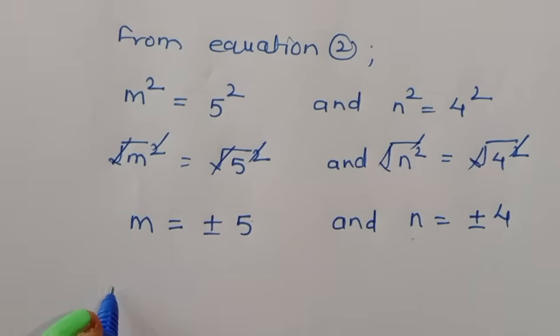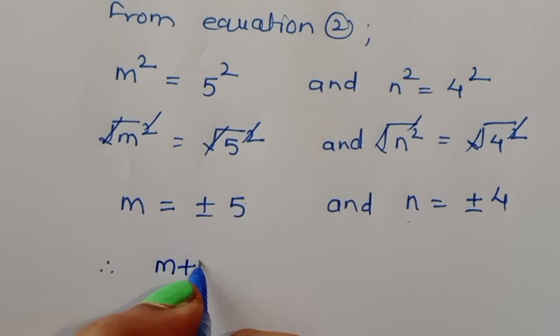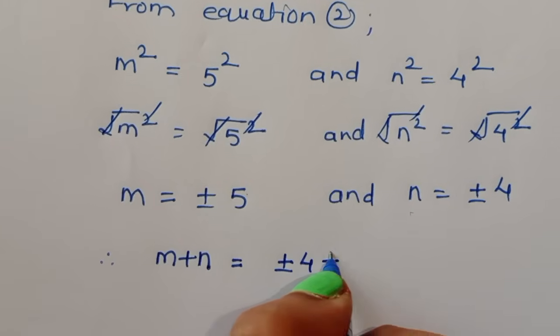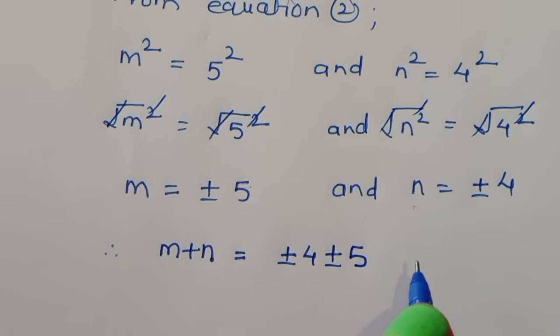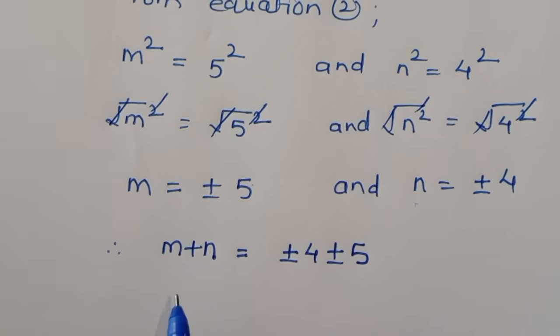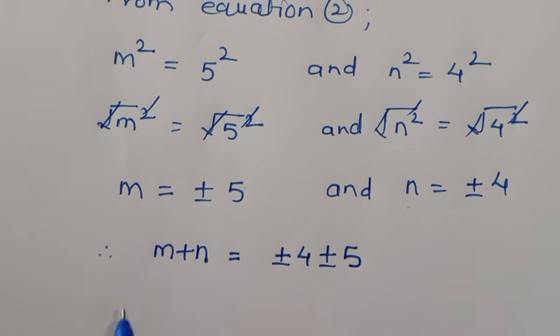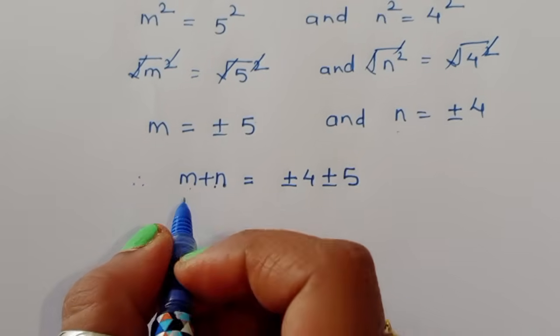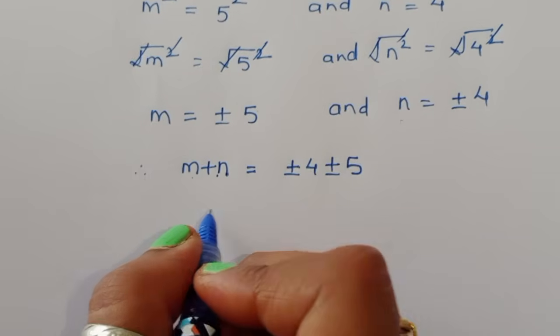So the value of m plus n is equal to plus minus 4 plus minus 5, right? Now we can multiply both sides by 7.